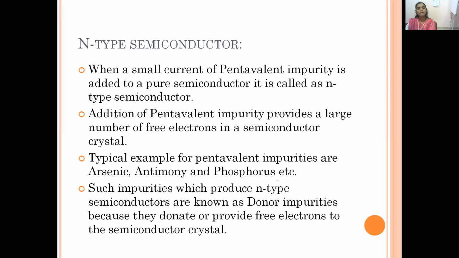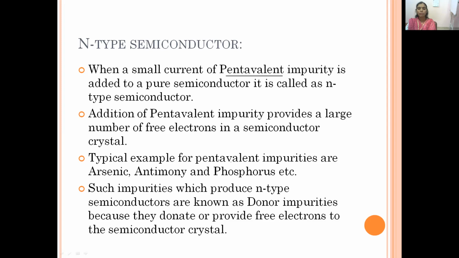Now, firstly, we discuss the N-type semiconductor. When a small amount of pentavalent impurity is added to a pure semiconductor, it is called an N-type semiconductor. The addition of pentavalent impurity provides a large number of free electrons in the semiconductor crystal.